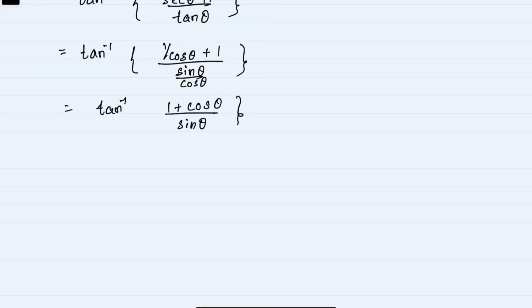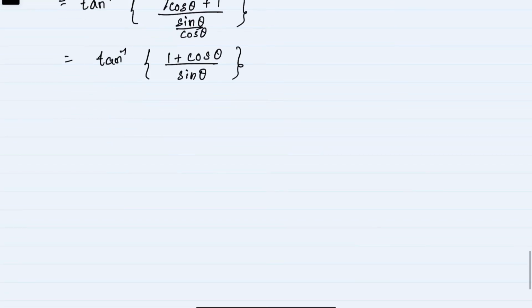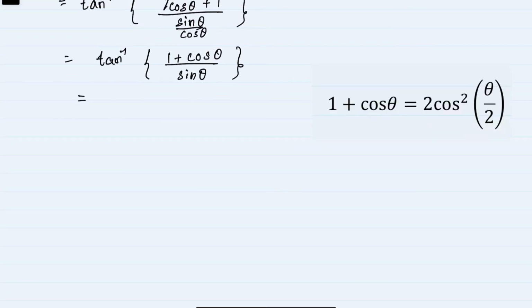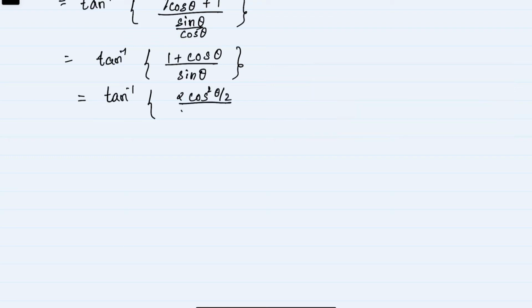Cos theta will be the denominator for numerator and denominator both, and hence will get cancelled out. Now we already know the identity here. 1 plus cos is the modification of cos 2 theta, where we can say 1 plus cos theta is equal to 2 cos square theta by 2. And sine theta can again be written in terms of theta by 2 as 2 sine theta by 2 cos theta by 2.